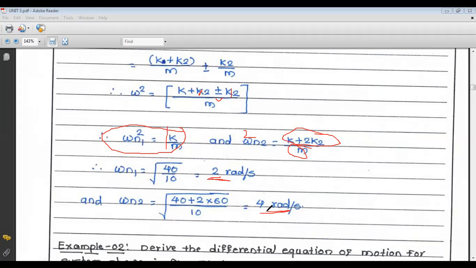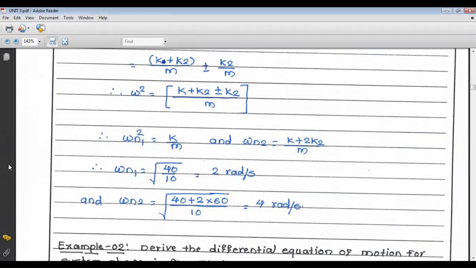That becomes 4 radian per second. So this is the general solution, where we have found the differential equation of motion and also the natural frequency of the system. So this is our first problem, to find the natural frequency of the system.